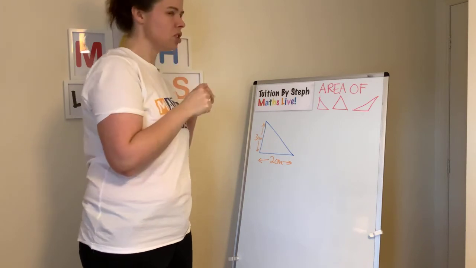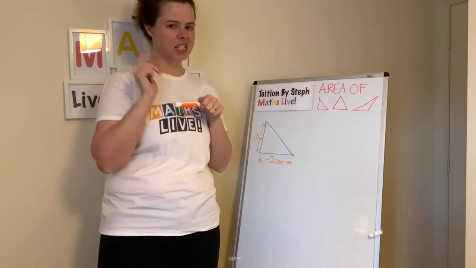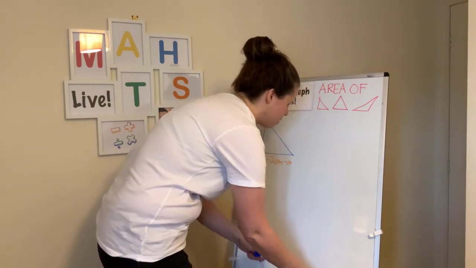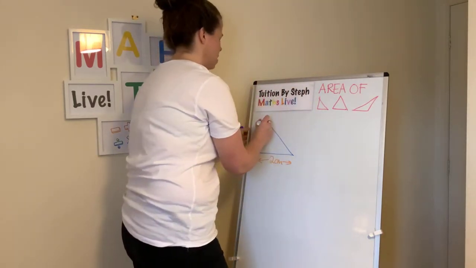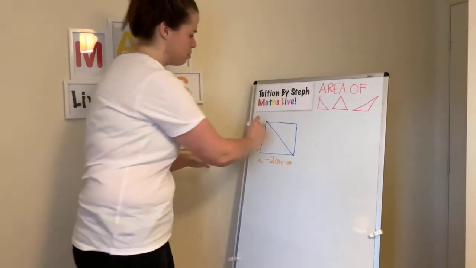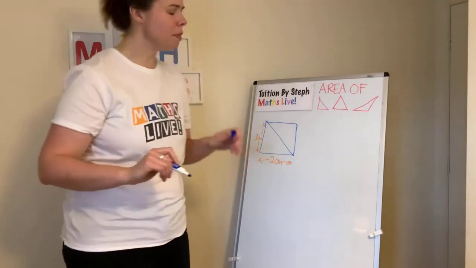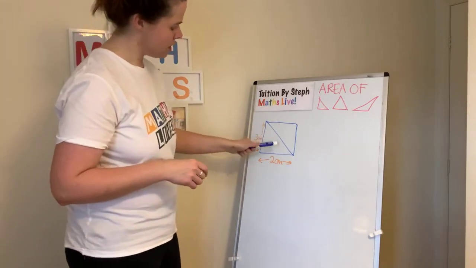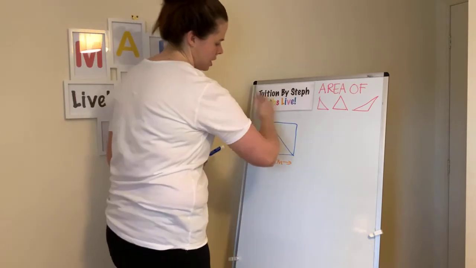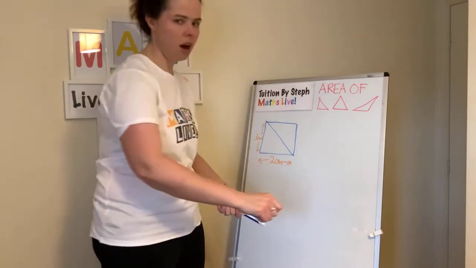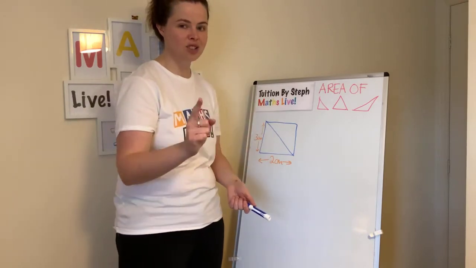Because if I do 2 times 3, that's 6. But when I do length times width, that is a quadrilateral. So the 2 times 3 actually represents that space there. But hang on, look. Can you see that roughly this triangle is actually half of the quadrilateral? It's split it in half.